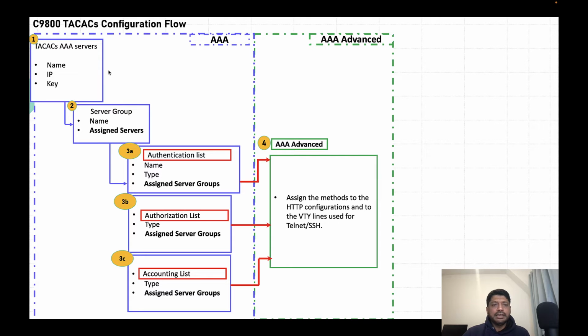Once you create that method list, you're going to map that under the VTY line and the HTTPS. And how you're going to do that is in the GUI, you have an option called AAA Advanced. I'm going to show you that config as well. So this is just the C9800 TACACS configuration on WLC, CLI or GUI.